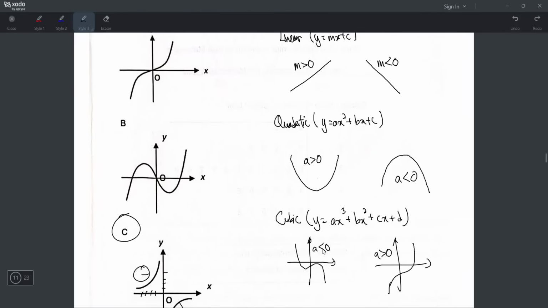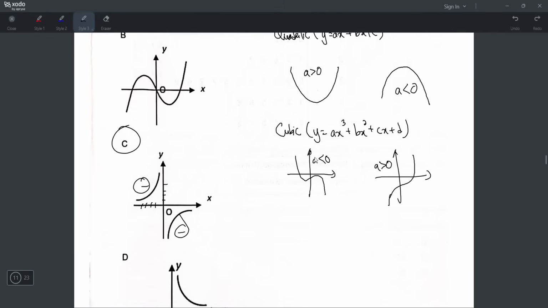I'll teach you how to remember this. If you look at your Cartesian plane, this is your 0. These are all positive numbers, and if you go up here, these are also positive numbers. That means positive times positive, this region is the positive region.